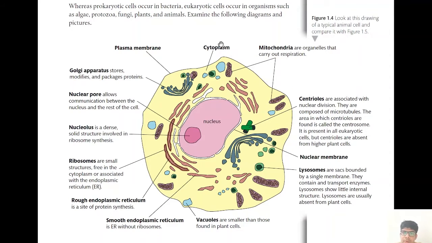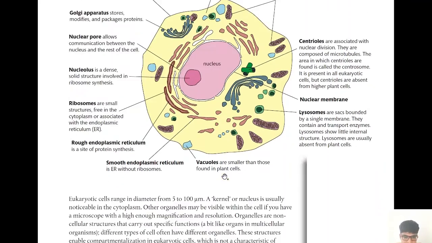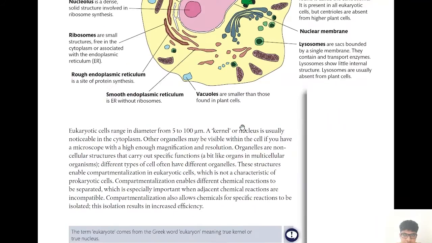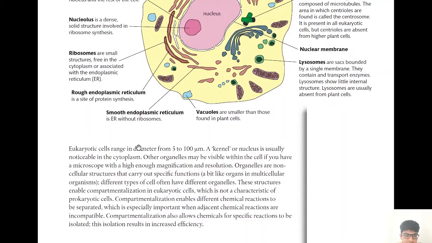And the cytoplasm is this whole yellow structure. Mitochondria are organelles that carry out respiration. Now, eukaryotic cells range in diameter from 5 to 100 micrometers. A nucleus is usually noticeable in the cytoplasm.